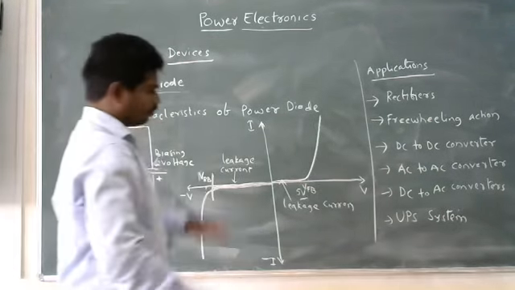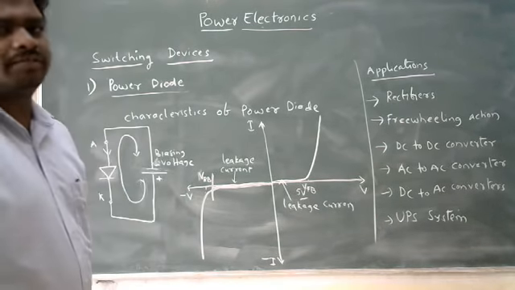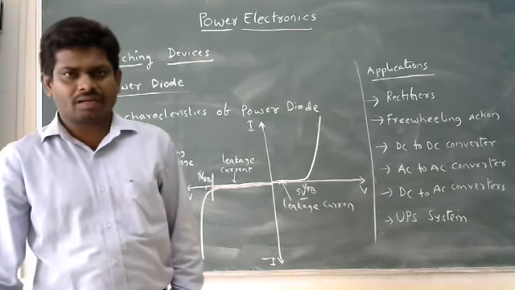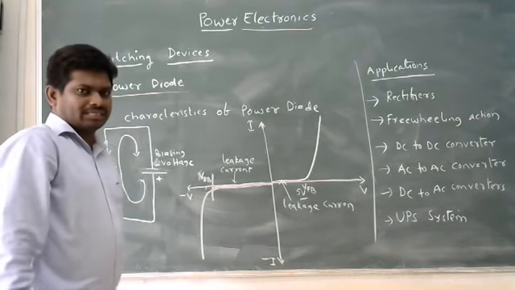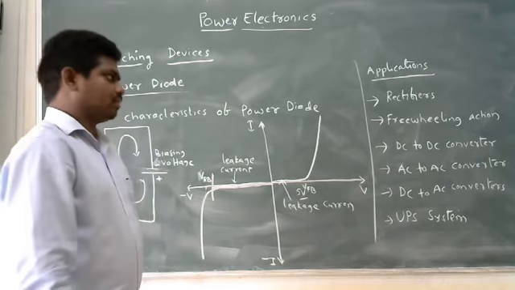Okay. So in this video, we have seen the basic definition of power electronics and its block diagram. Then we have seen the advantages and disadvantages, merits and demerits, of power electronic circuits.